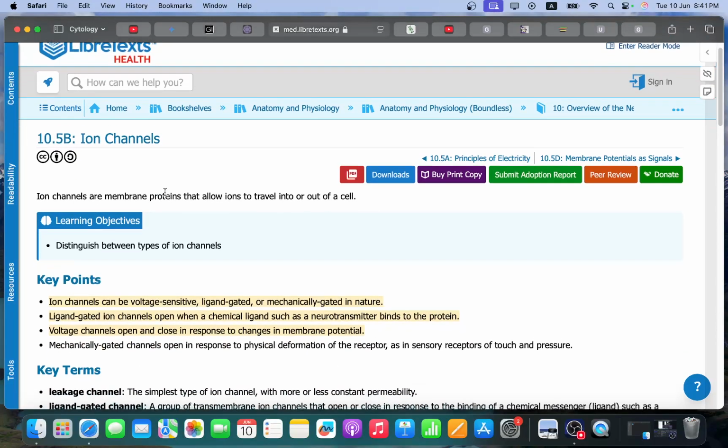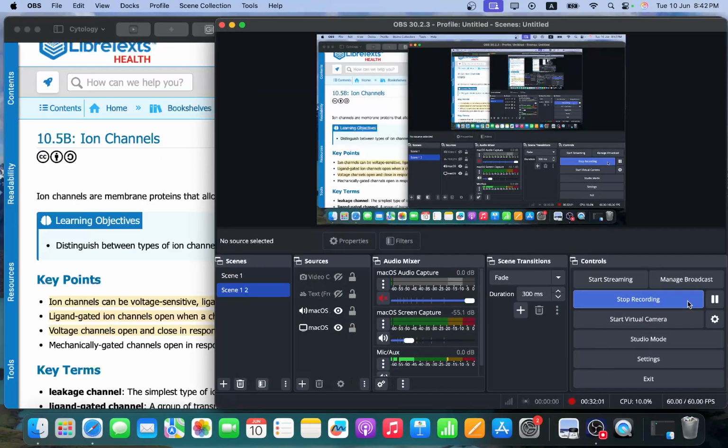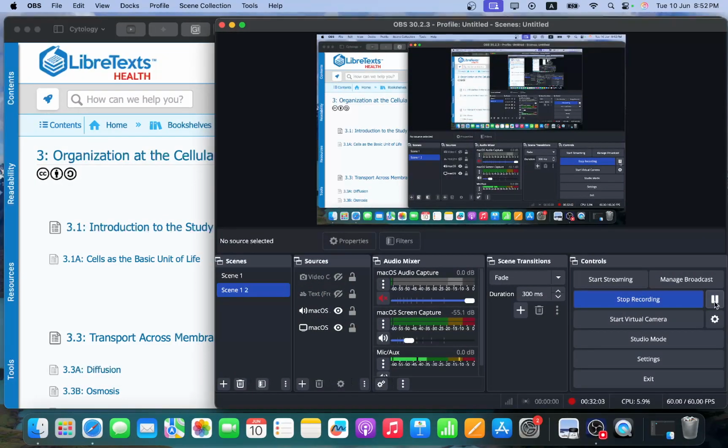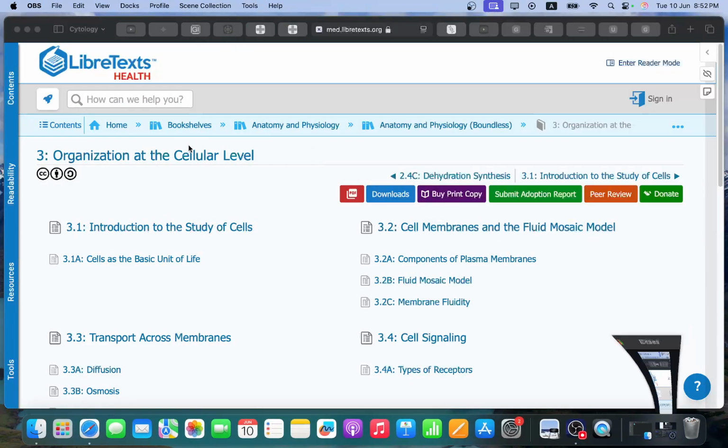Ion channels. This is going to talk about... let me pause and check the progress. And I am back.